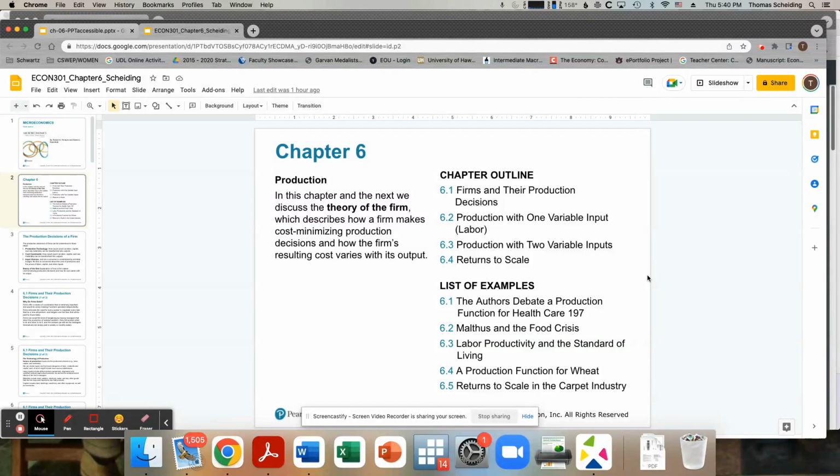So this, as the chapter points out here, is the theory of the firm. So, in other words, we're looking at how companies essentially determine the way they're going to produce something that minimizes their cost or maximizes their production levels.